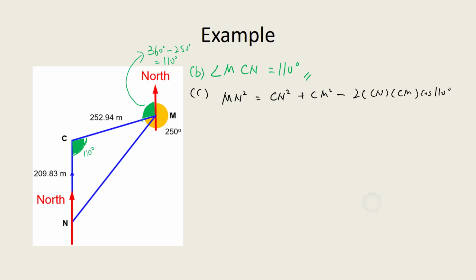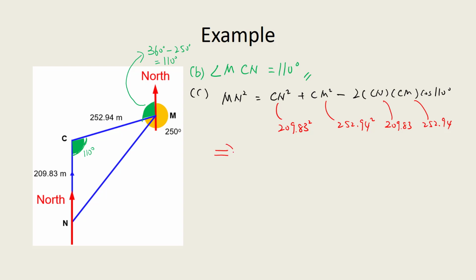Then we can plug in the values. CN is 209.83 squared, CM is 252.94 squared, minus 2 times 209.83 times 252.94. So press a calculator, you can find the answer for MN.